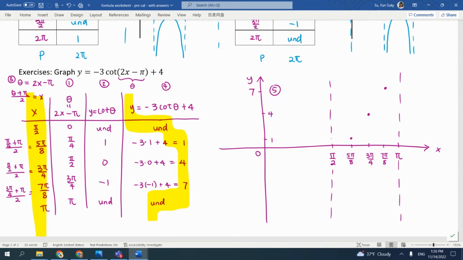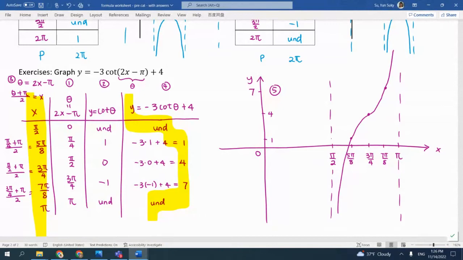Connect them smoothly. When you connect them, you always start with the midpoints, okay? And then just you know your shape. You connect this, and you get closer to the asymptote. So then you draw it like that. And then the other way, you connect them, and you get closer to the asymptote. So this is one period of the cotangent function, okay?